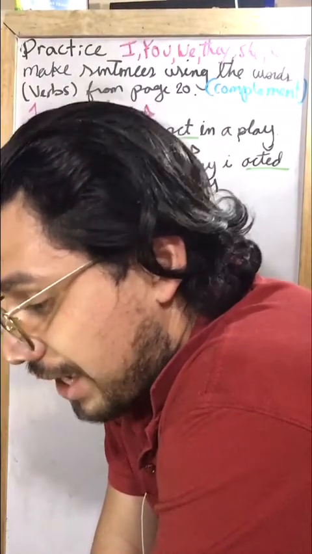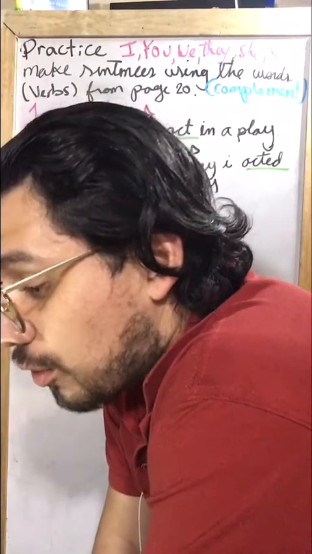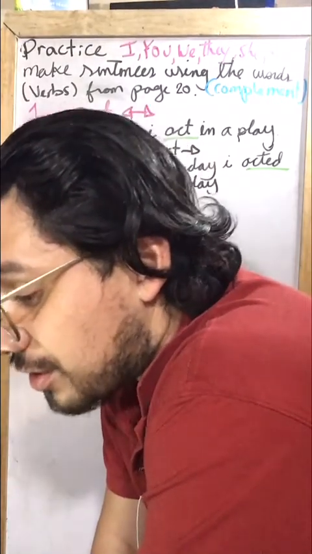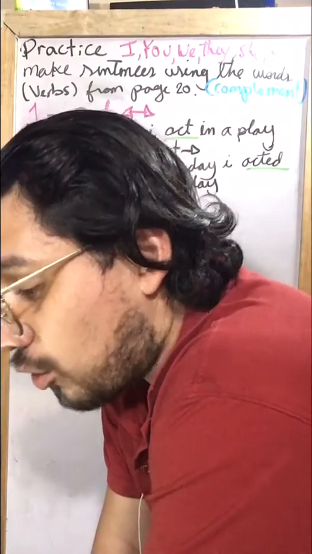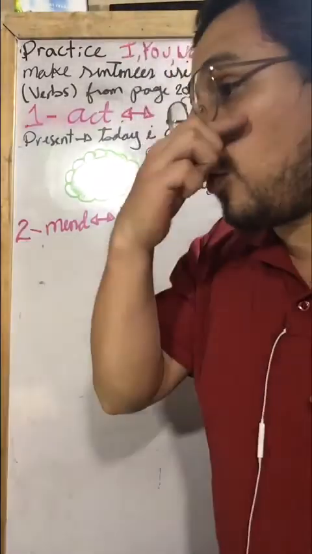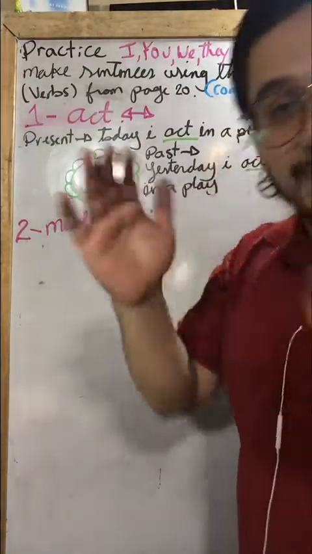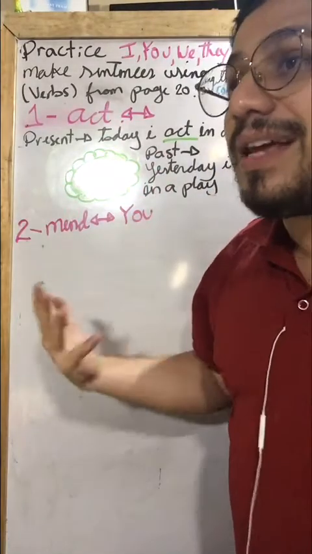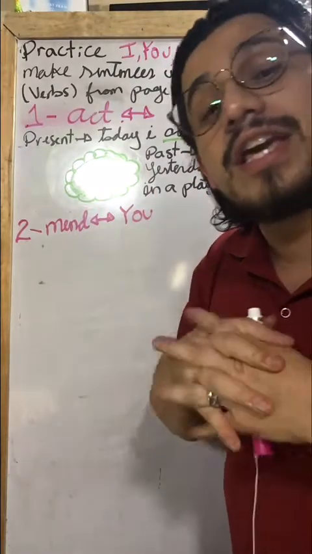Mend is to repair, to patch, or to put into good order something that is injured, damaged, or defective. Mend implies making whole something. So mend could be fixing yourself or fixing a friendship. Let's say that Juana and Maria had a fight, okay? They were fighting. But then they talk and they decide that they're going to mend their issues.